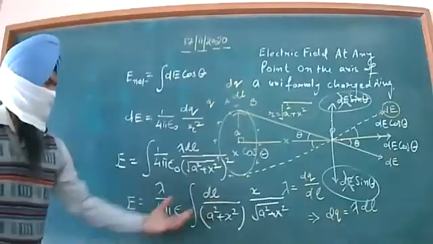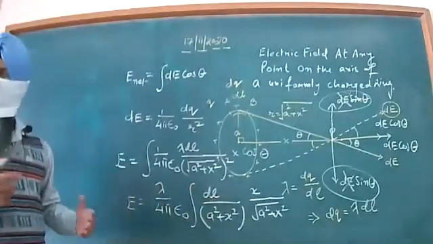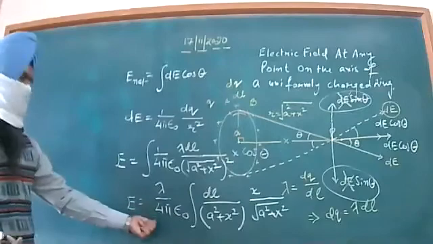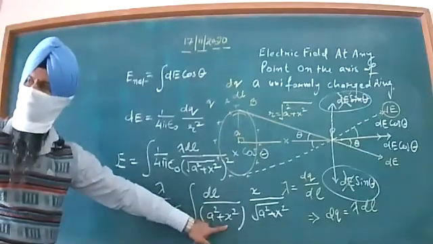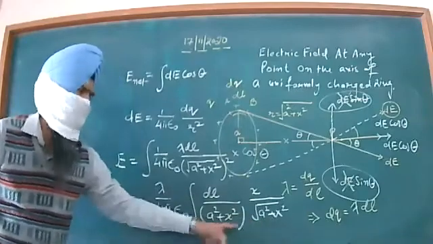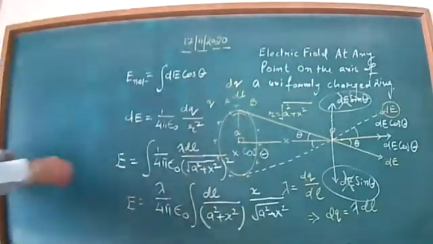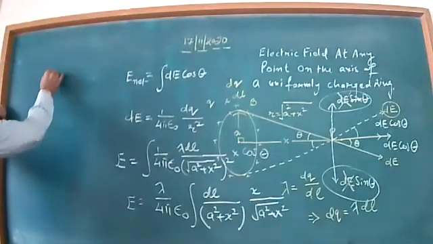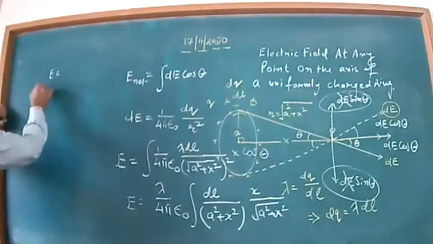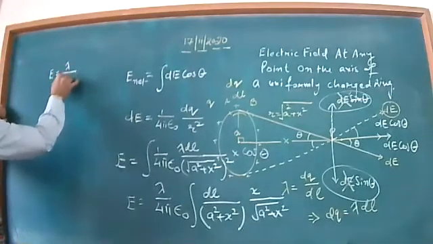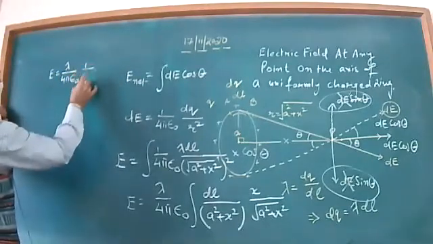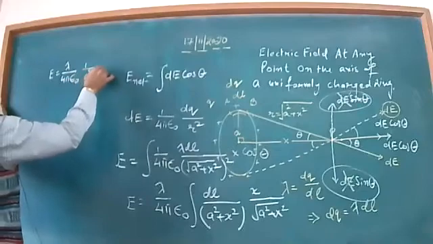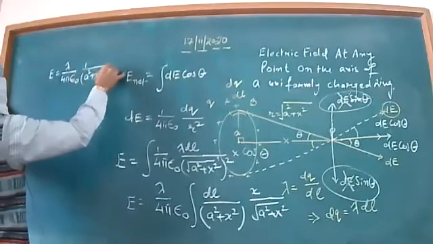Now all the other parameters can be taken out of the integral as we have managed these parameters. a is constant, x is constant. After combining these two terms, they can also be taken out of the integral. So dear all, I will have this equal to lambda upon 4 pi epsilon naught, and this is further 1 upon a square plus x square power 3 by 2.